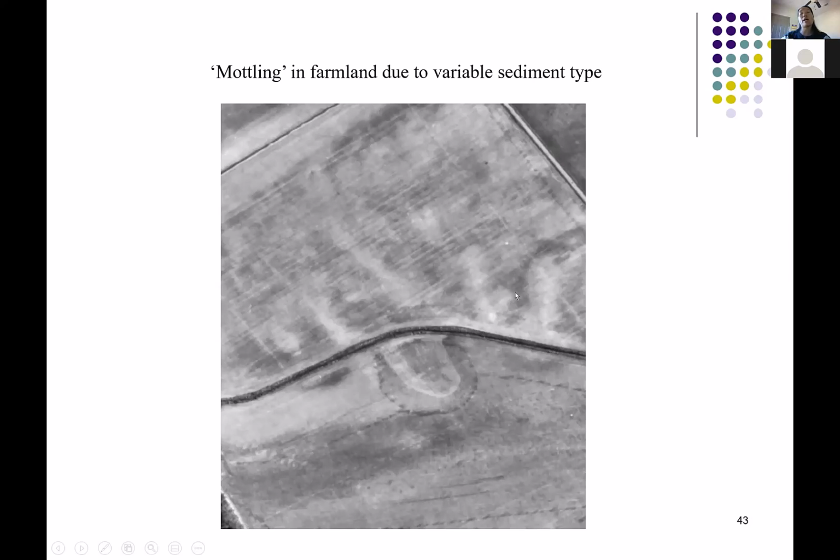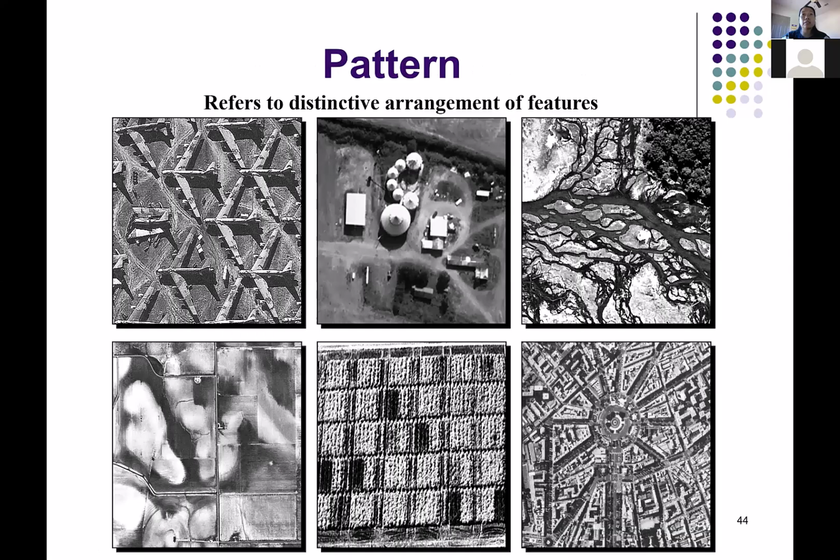These could be caused by sediment type difference or elevation difference, where low elevation could store more water, and hence plants may grow taller than in other areas. Or sometimes it may be caused by a barren site beneath the soil that causes plants not to grow well. So this mulching effect in farmland is pretty frequent.